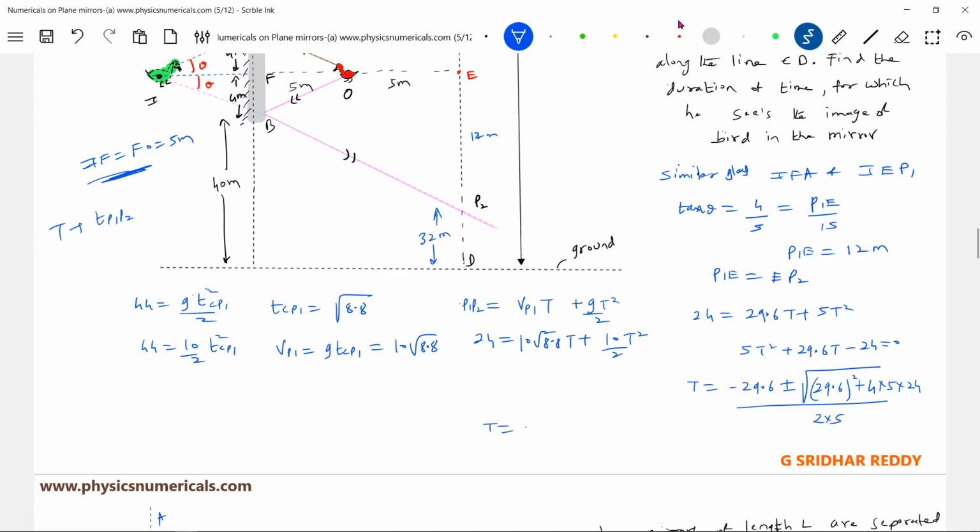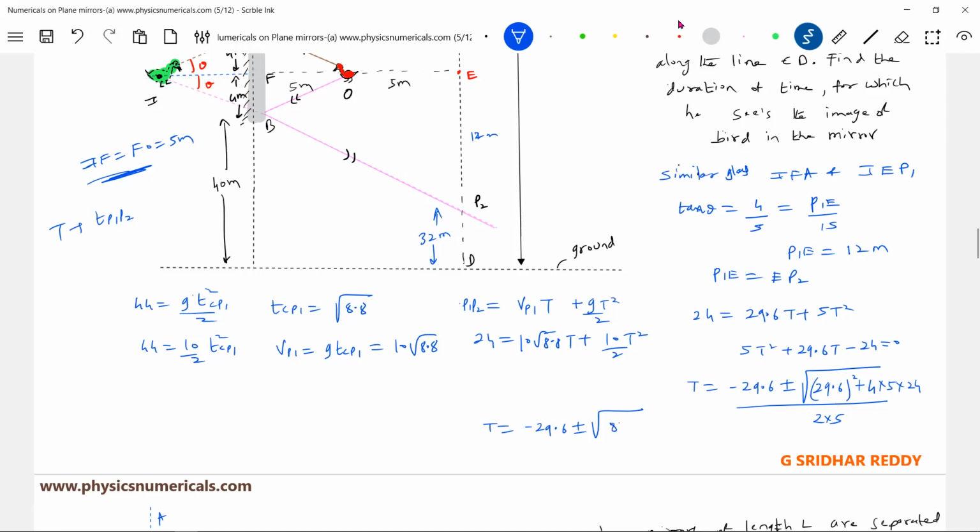I think I'll leave it to you people. 29.6 whole square, 876.